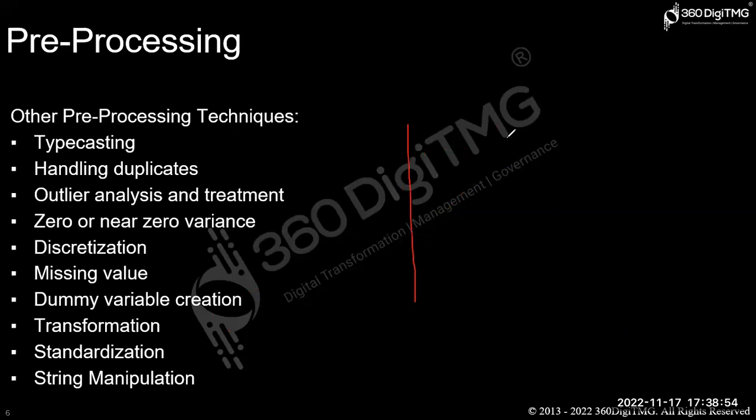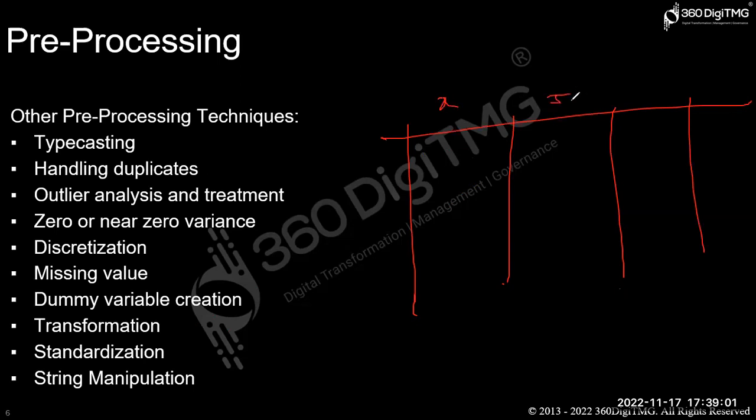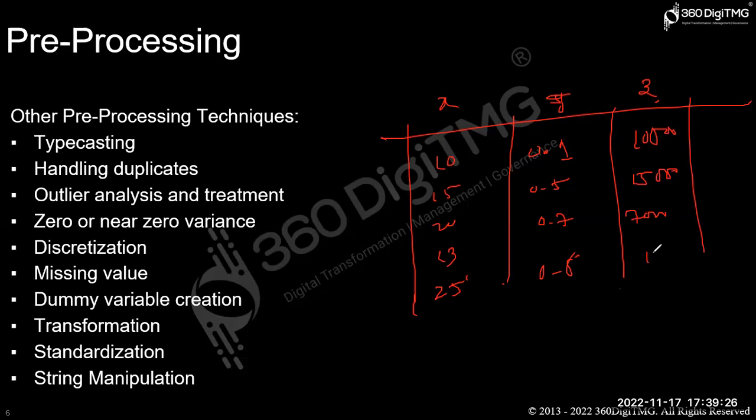When you have data, let's say these are the features I have taken, X, Y, and Z. Here the data will be like 10, 15, 20, 13, 25, something like that. Here 0.1, 0.7, 0.5, and 0.8, something like that we have. And here we'll be having 10,000, 15,000, 7,000, 5,000.